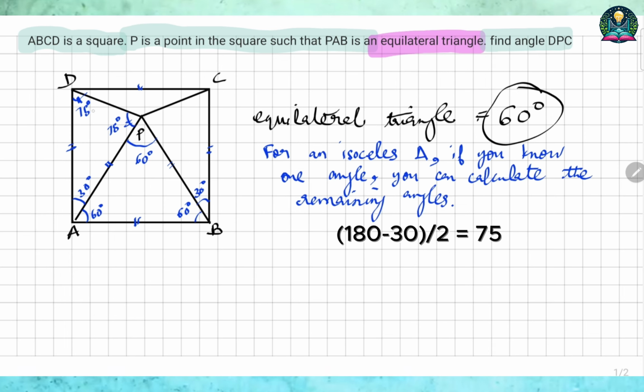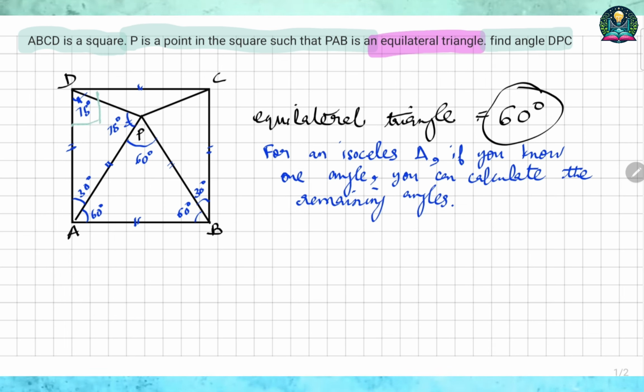Now because it's a square, we know that angle ADC is 90 degrees. And this would mean that angle PDC is 15 degrees. And now because we're dealing with squares and equilateral triangles, we can call this a symmetrical figure. Whatever is happening on the left side will be happening on the right side.